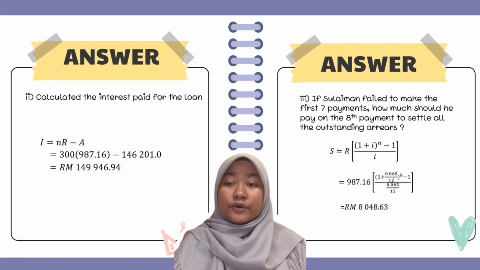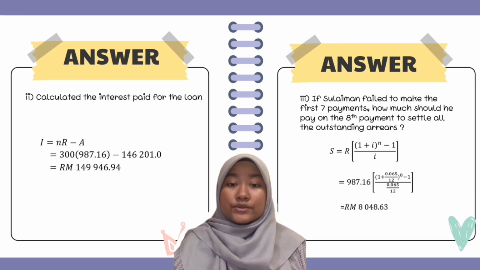The formula for this one is I equal to nR minus A, 300 in bracket 987.16 in bracket minus 146,201.06, and we got the final answer is RM 149,946.94.